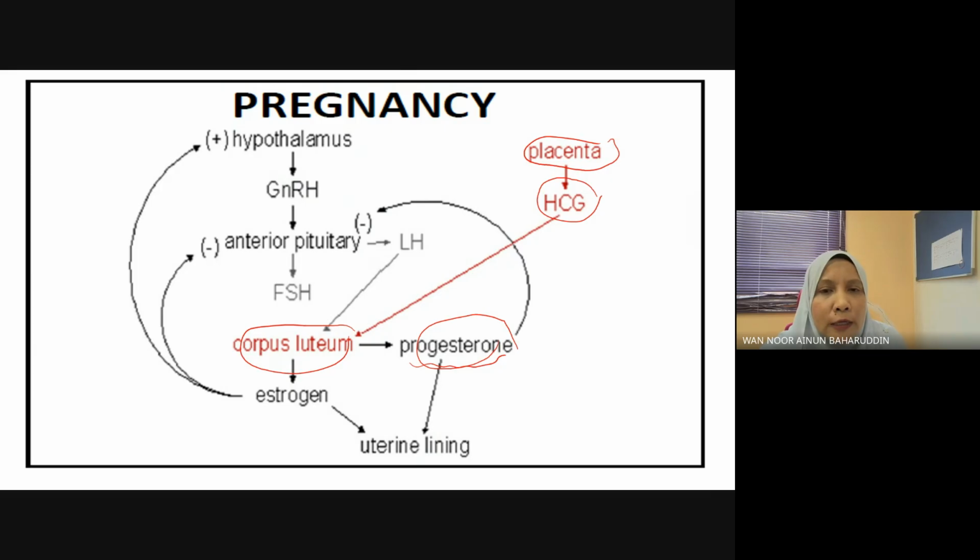Okay, after this we see HCG will stimulate the corpus luteum to further the increment in the progesterone levels, so that the uterine lining will be thickened. Estrogen.